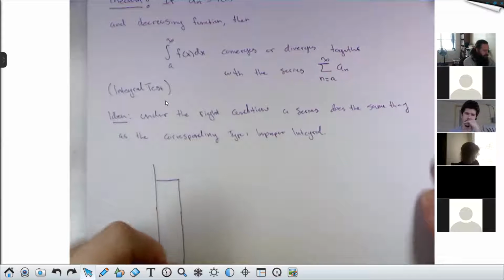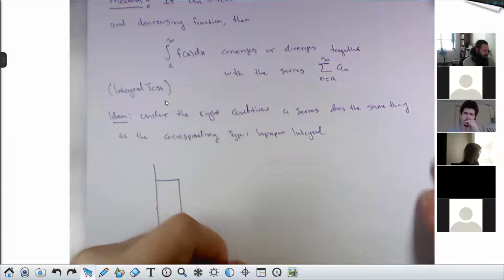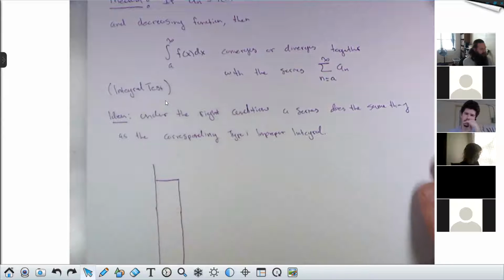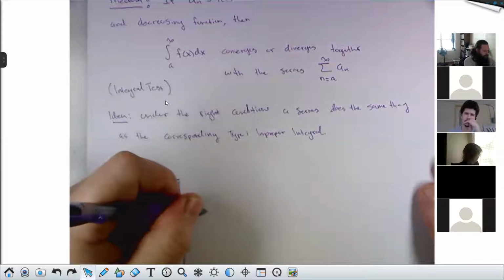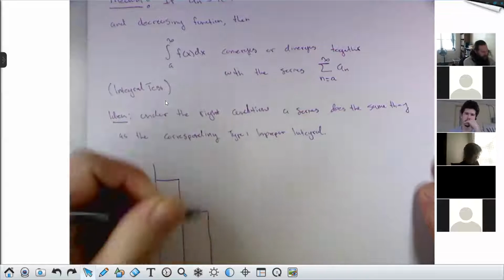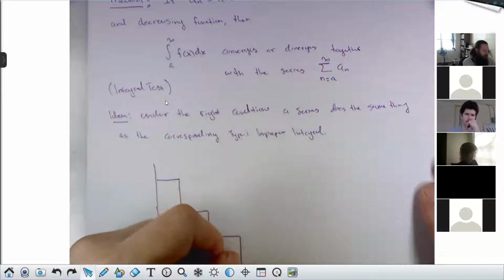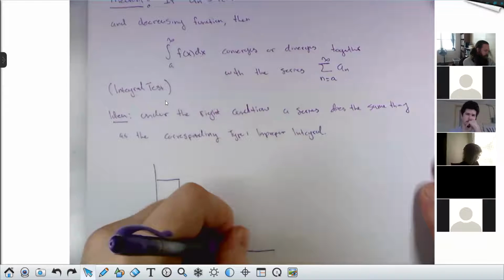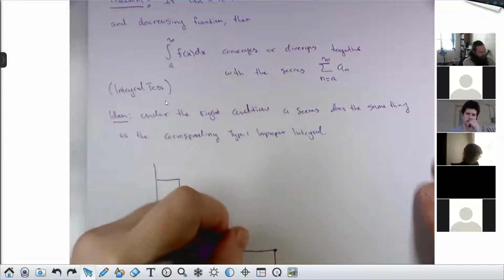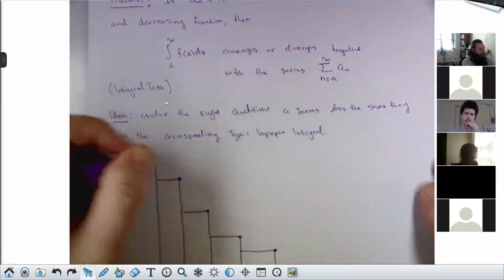So, here would be 1, 2, 3, 4, and so on. And if I have a series whose terms are like a_1, a_2, a_3, and so on, and I form these what look like Riemann rectangles, the height here would be a_4, the height here would be a_3, the height here would be a_2, the height here would be a_1.